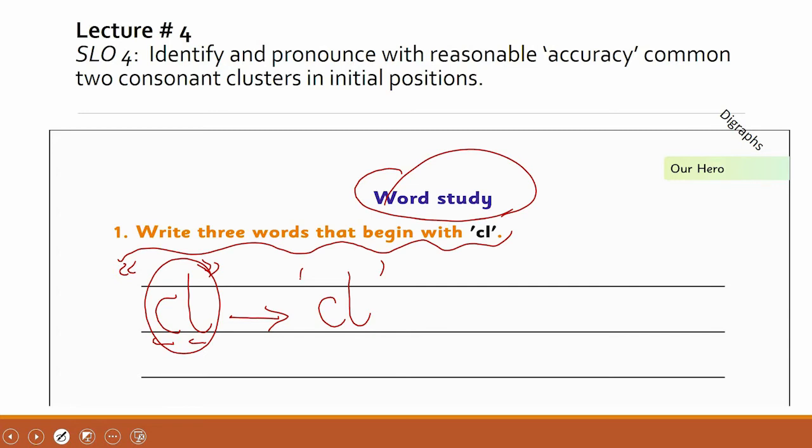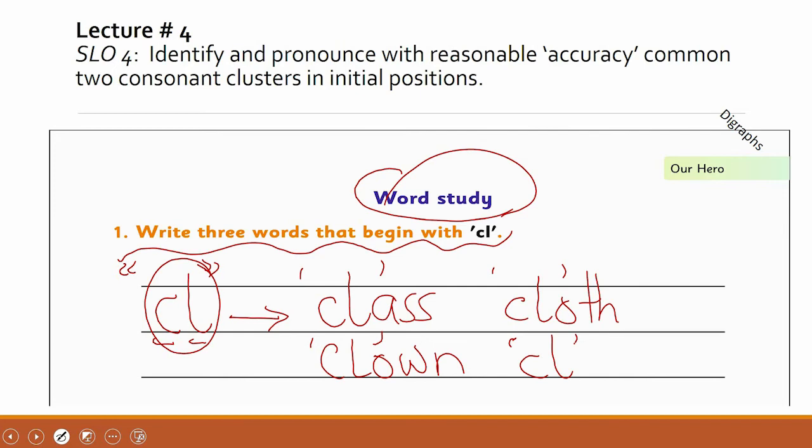For example, kl, class; kl, clown; kl, cloth; kl, cluster. This word is also in your SLO.